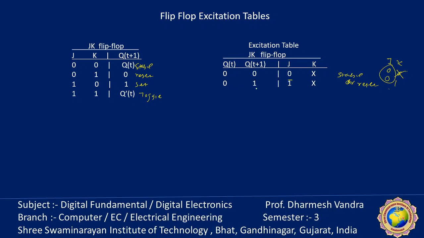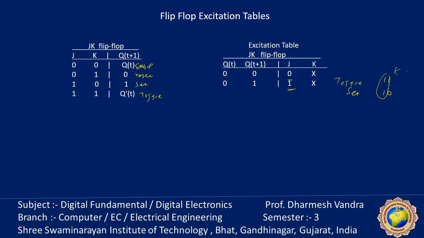0, 1: toggle and set. So toggle and set are required. For toggle, J and K both are 1, and for set, J must be 1, K must be 0. So the value of J must be 1, K may be 0 or 1, whatever it is.